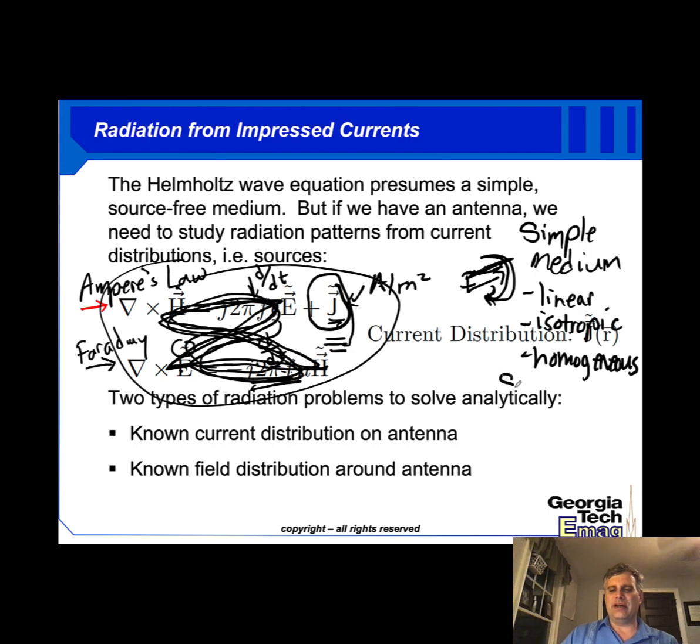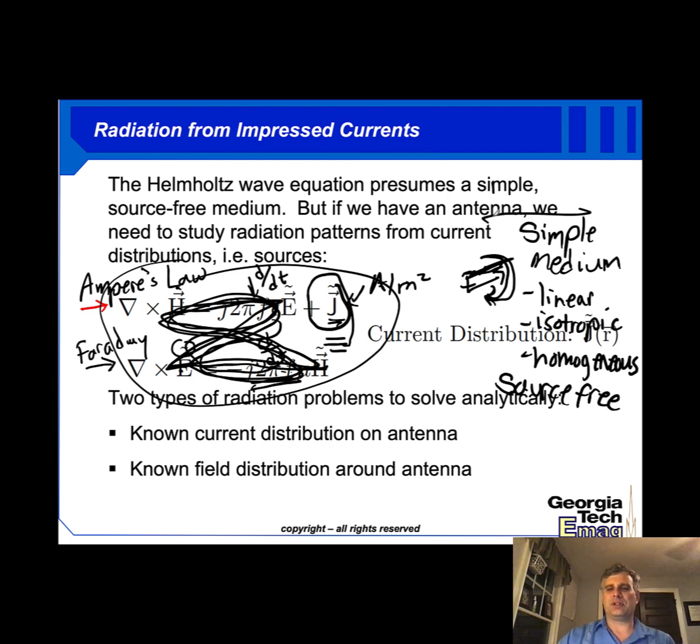We also needed a medium that was source-free, which means there were no charges in the medium, nor was there current density or anything quite like that. And so charge and current were zero for the Helmholtz equation.